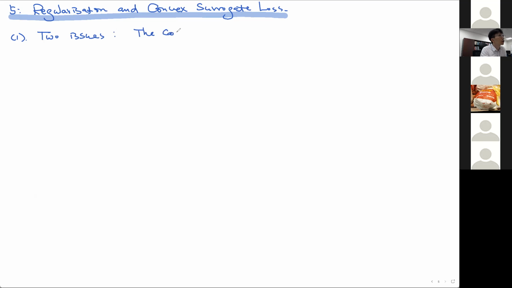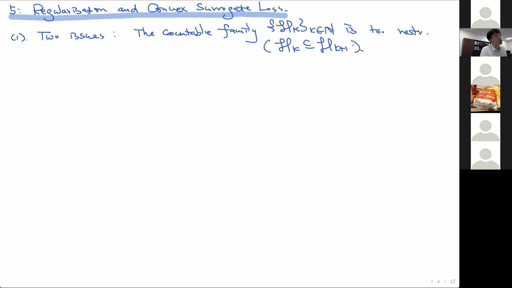So the countable family H_K is too restrictive. A countable family, especially with SRM, H_K increasing. For other algorithms, a similar assumption is made. That's too limiting.